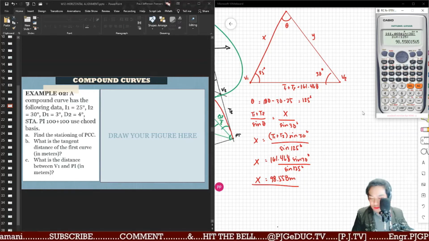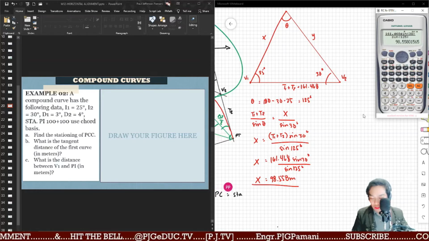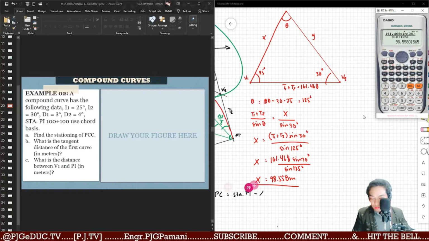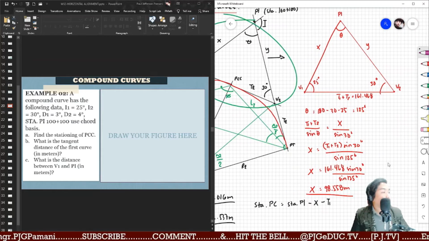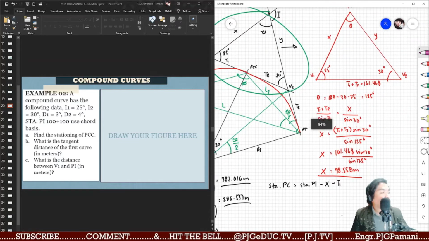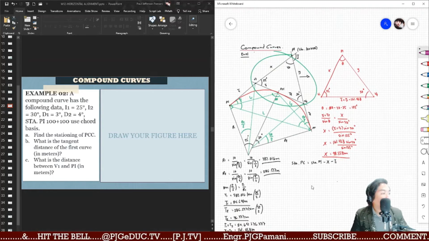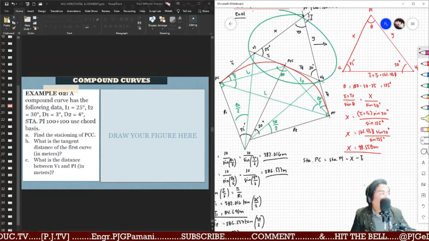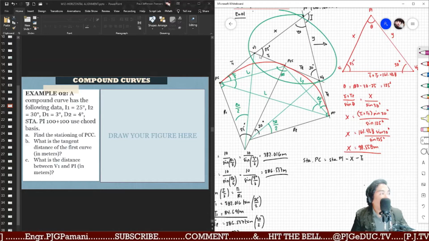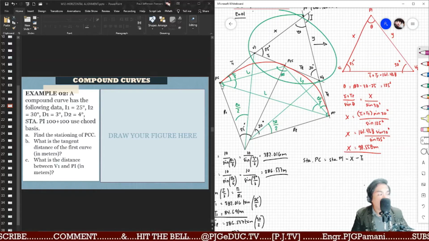So, we can solve immediately for the station PC. Station PC is equal now to the station PI minus X minus T1. Sana nakikita nyo po yan sa figure. Station PI minus the X distance minus the T1 gives us the station PC. Okay?